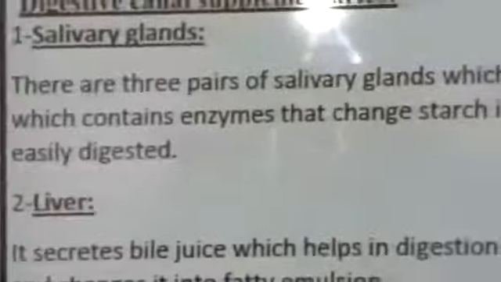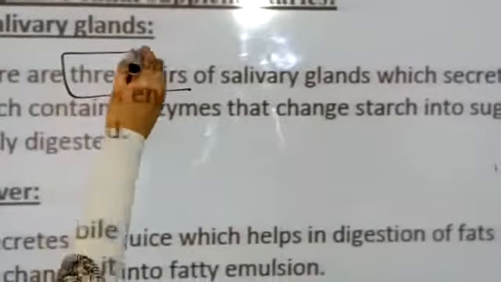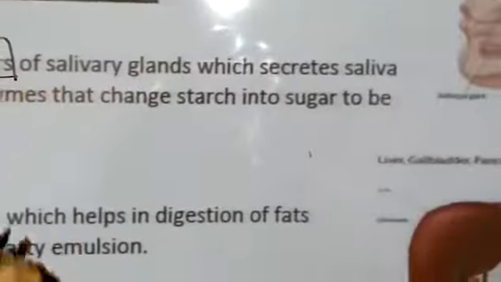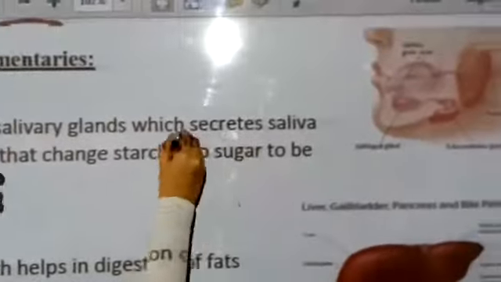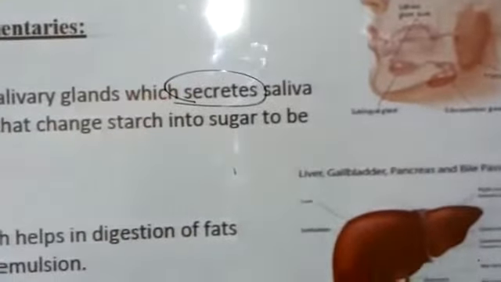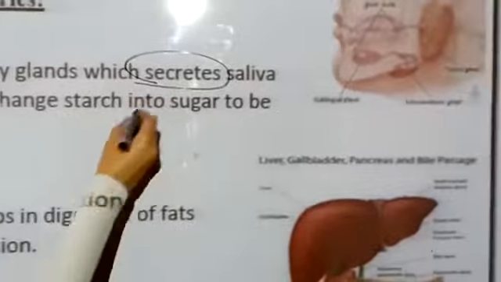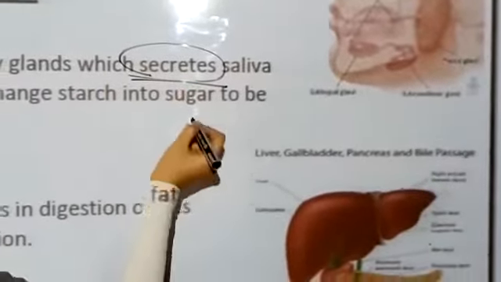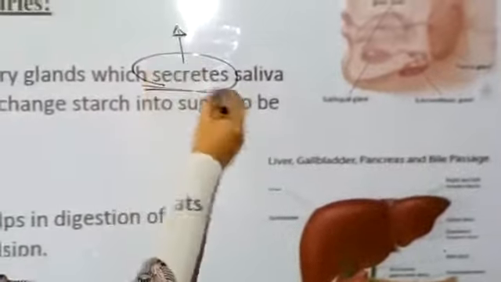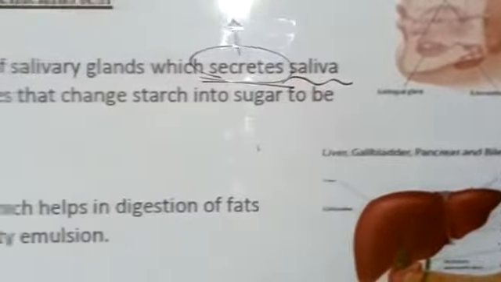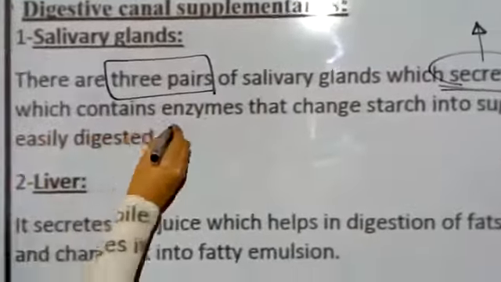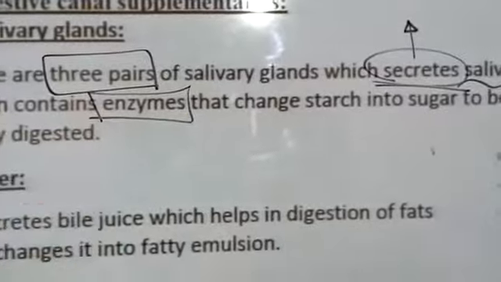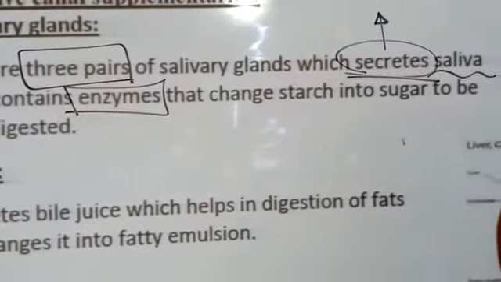There are 3 pairs of salivary glands, which secrete what? What's the function of the salivary glands? They secrete saliva inside the mouth, which contains enzymes. What's the function of these enzymes or the saliva?